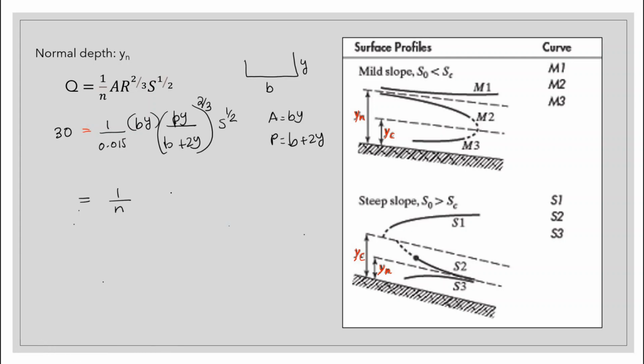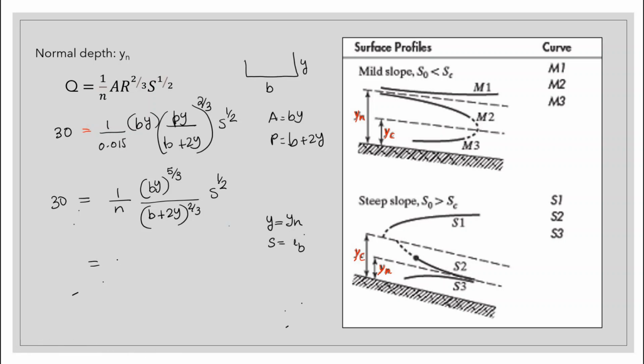So we can write 1 by n into By raised to 2 by 3, which is y whole raised to 1 plus 2 by 3, that is 5 by 3, divided by B plus 2y whole raised to 2 by 3, and S raised to 1 by 2. When you give y as normal depth yn, S will be taken as the bottom slope.